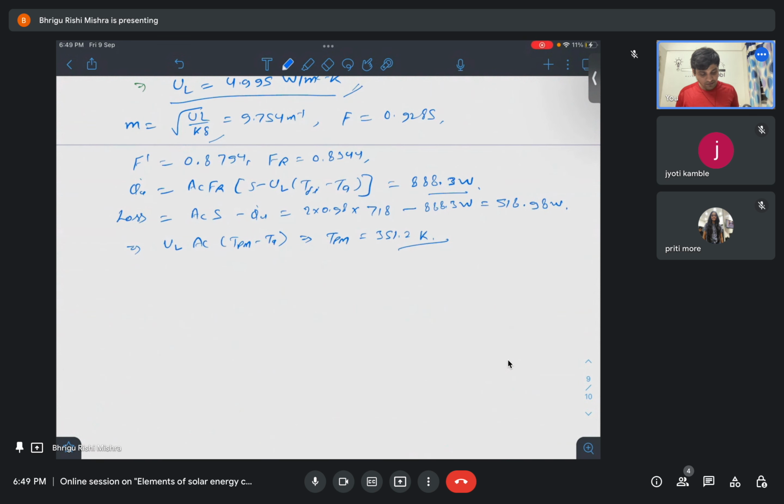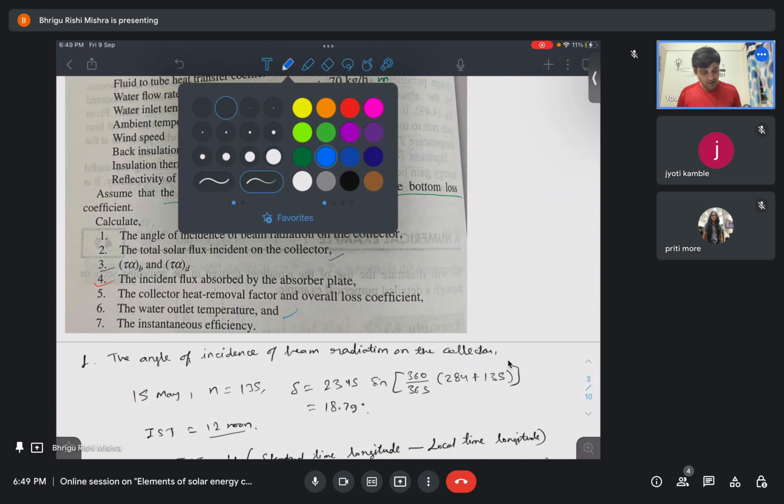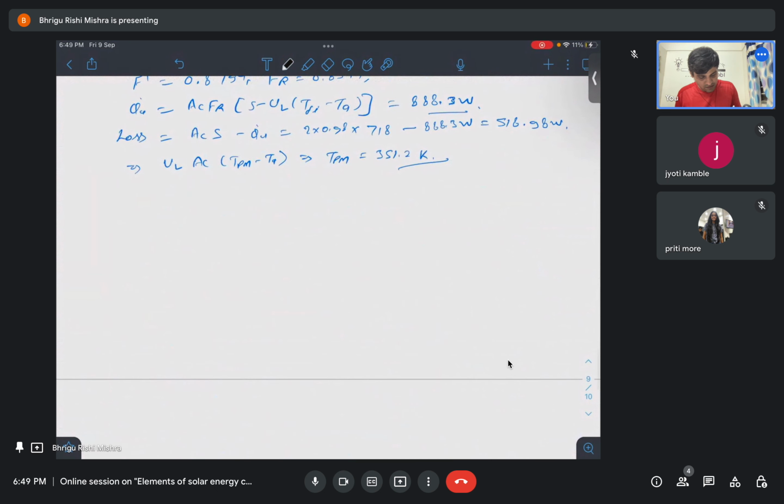Now the next step is to calculate the water outlet temperature. The sixth one is the water outlet temperature.